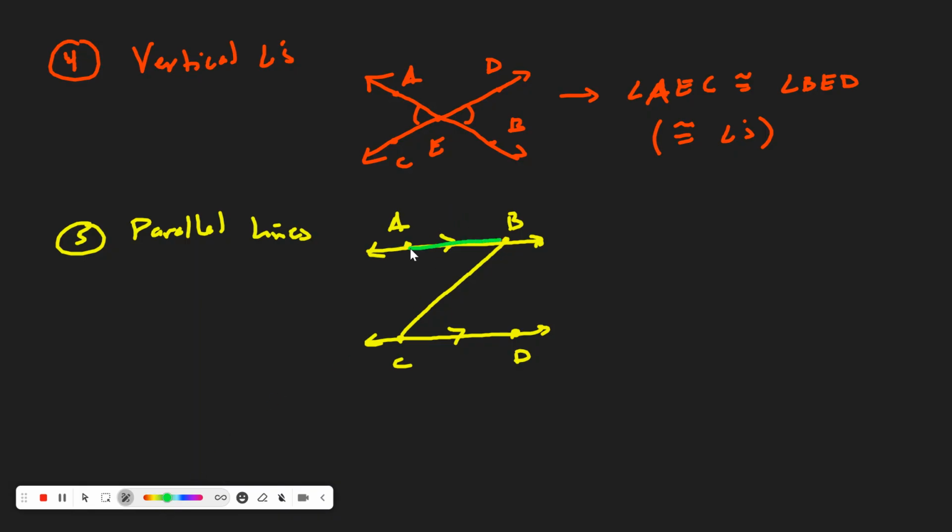So A to B to C to D makes a Z. Inside those Zs are your alternate interior angles. Those 2 angles are going to be congruent. So we would name our angle ABC congruent to angle DCB. And that is because these angles are alternate interior angles, and alternate interior angles are congruent.